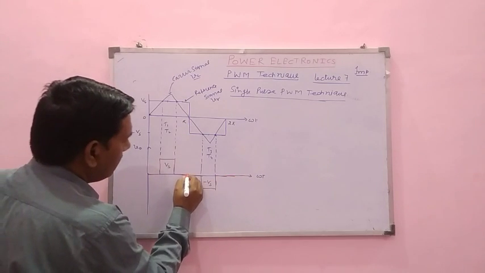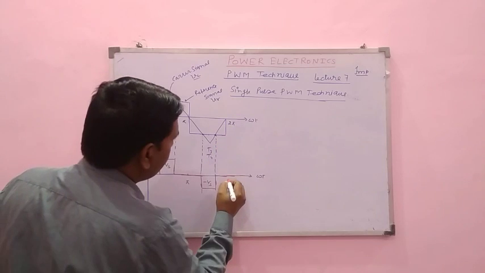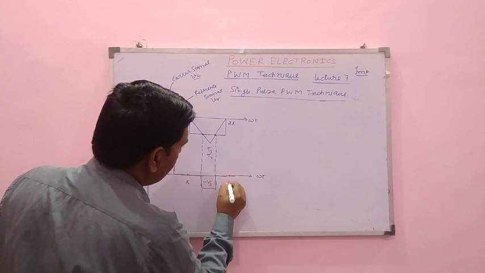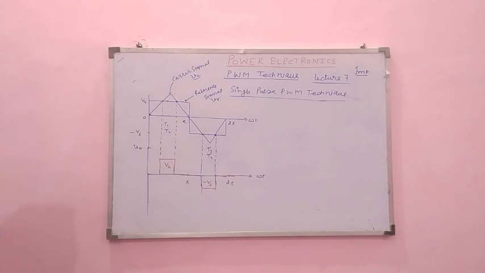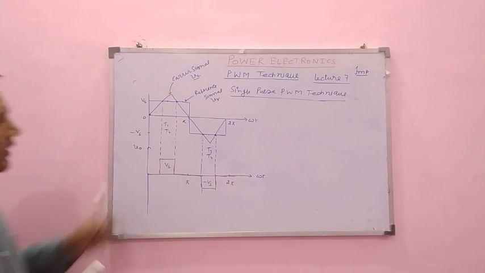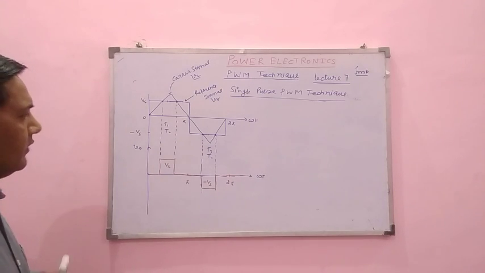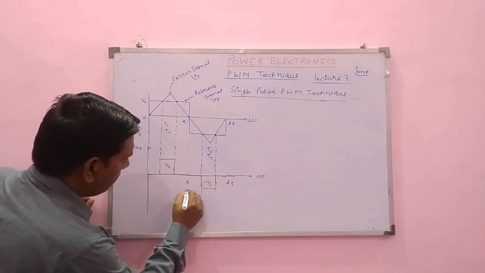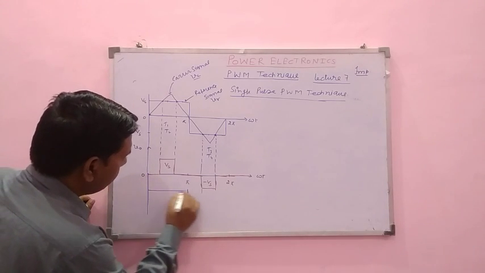So this point is pi, and this point is 2 pi. So you can see here clearly that we are getting one pulse in each half cycle. 0 to pi is a half cycle.